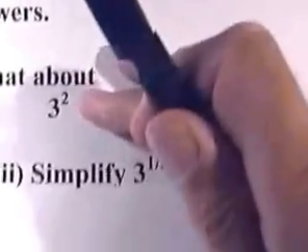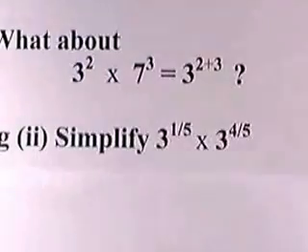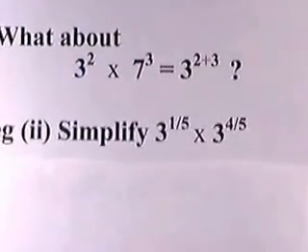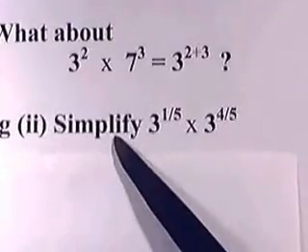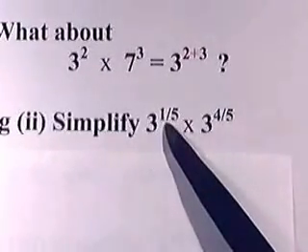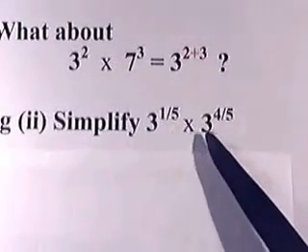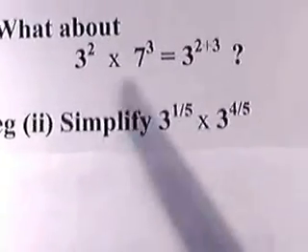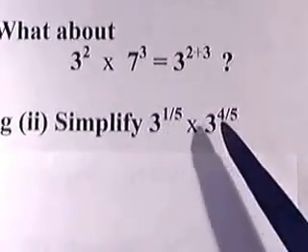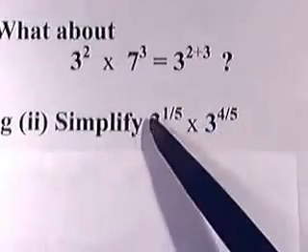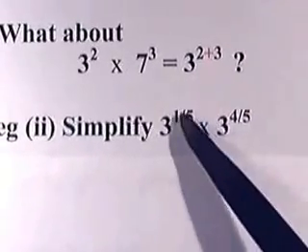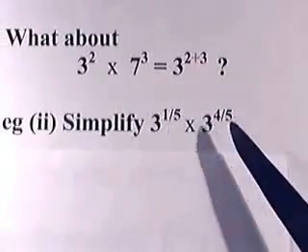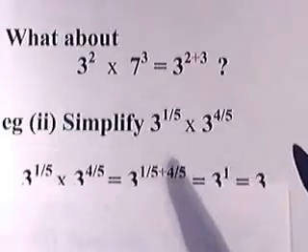Okay, let's do one more example, where we start to use the ideas of fractional powers. Simplify 3 to the power of a fifth times 3 to the power of 4/5. Well, the rule said if the base numbers are the same, 3 and 3, then we can simply add the fractions.